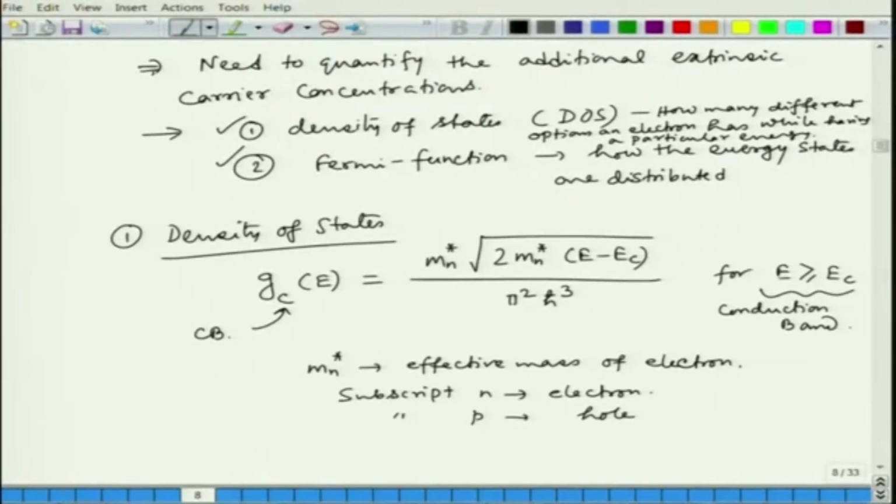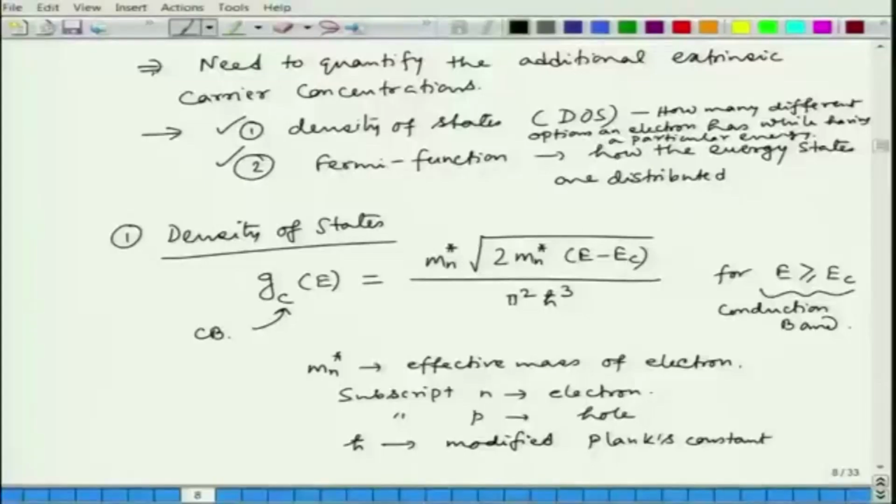And what are the other things? Other things here, pi, you know, is the universal constant pi, and this h bar is your modified Planck's constant. So, that is actually giving us the quantum mechanical information. Whenever you have Planck constant h, you will know that the origin of that expression is coming from quantum mechanics, and h bar means the modified Planck's constant.